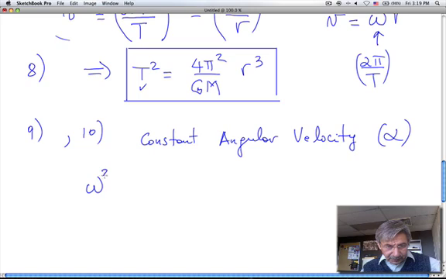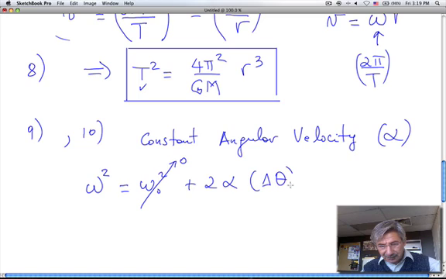So one way to know that is that if you know the final and you start from rest, then you will know the angular acceleration if you know the displacement that you did with the merry-go-round. And remember that one revolution is 2 pi.